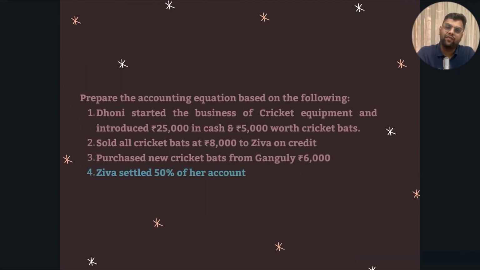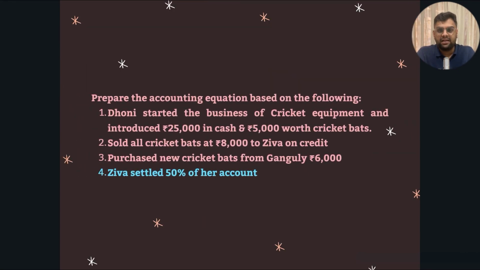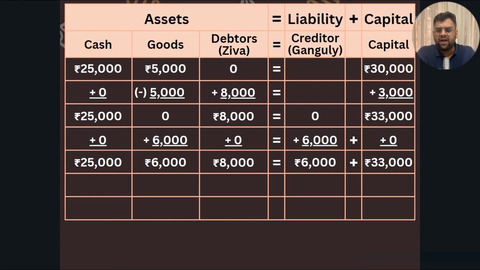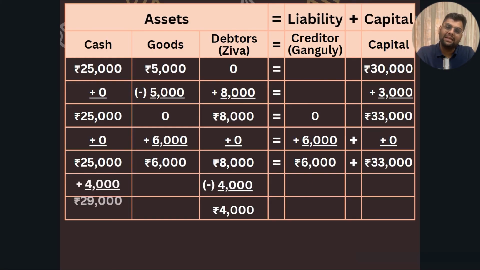And lastly, fourth transaction, Ziva settled 50% of her account. If we look at our table, Ziva owed the business 8,000. She was a debtor for rupees 8,000. If she settles 50% of her account, she pays the business 4,000. Therefore, the debtor reduces by 4,000. Simultaneously, the cash balance increases by 4,000 because the business receives rupees 4,000 cash.